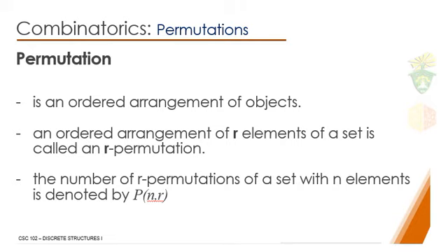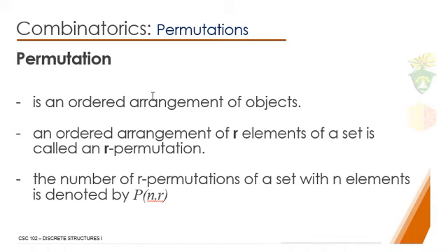So that's permutation. By definition, a permutation of a set of distinct objects is an ordered arrangement of these objects. The focus of permutation is the counting of ordered arrangements of objects. The keyword for this item is ordered arrangement or arrangement.